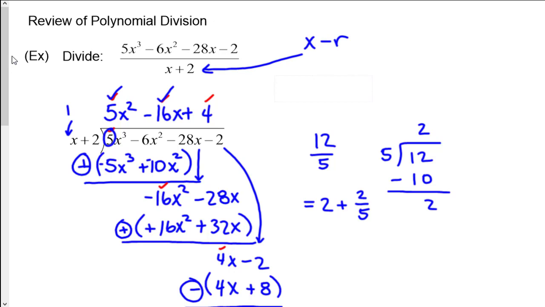The leading term coefficient has to be 1. And it's of the form x minus r because when I place this number into my synthetic division, I'm going to be taking the opposite of that value. So that's the requirement here. As long as that's the case, you're allowed to use synthetic division, and it's much easier than polynomial division.